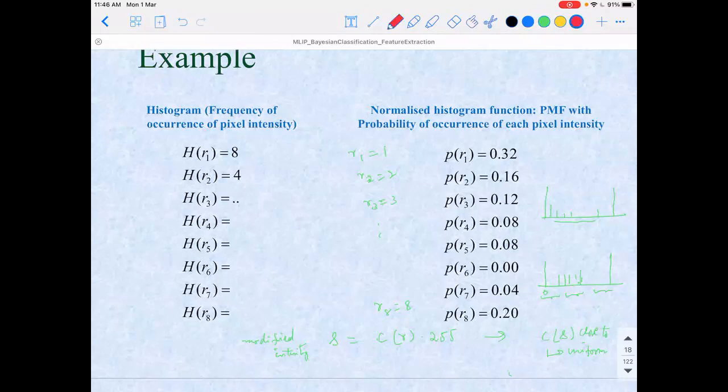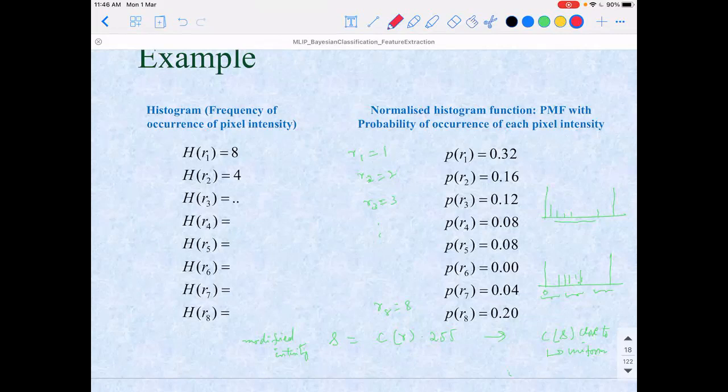Wherever the frequencies are high, I am making the intensities more apart; wherever the frequency is low, I am bringing them together, so that in any bin the number of pixels falling in that bin is the same, and it looks like a uniform histogram. Correct? Is this clear?